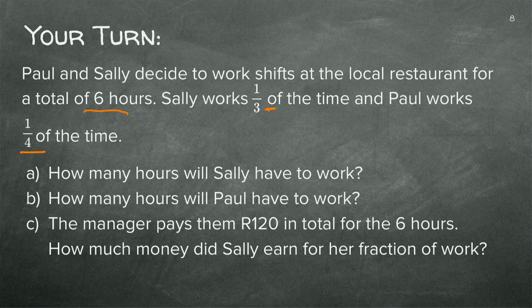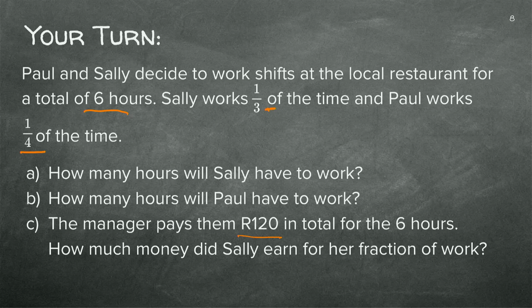How many hours will Paul have to work? And then the manager pays them 120 Rand in total for the 6 hours. So how much money did Sally earn for her fraction of the work? So I want you to pause, do it, and then we're going to do it together.